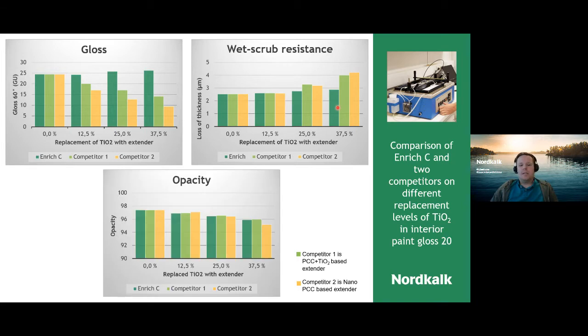Then opacity, here let's say we are on the same level. If we look at the opacity, we are on the same level with the competitors, but as we saw, I will quickly go back to the slide we had earlier.